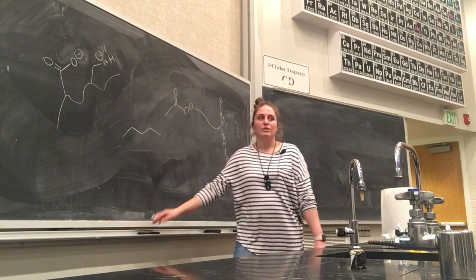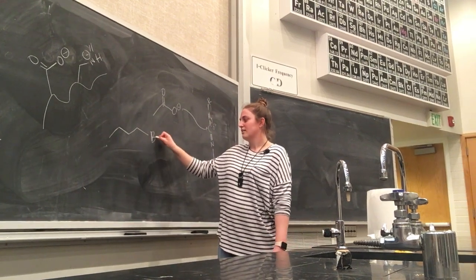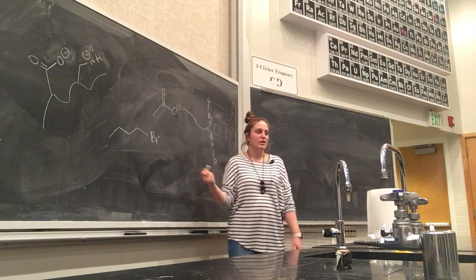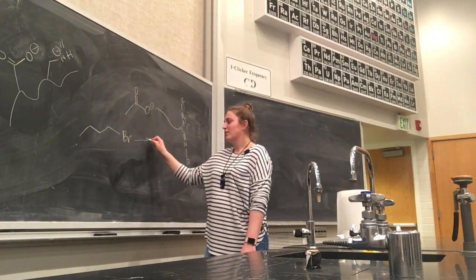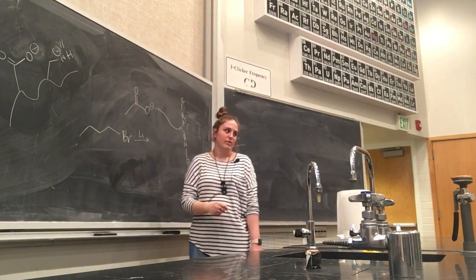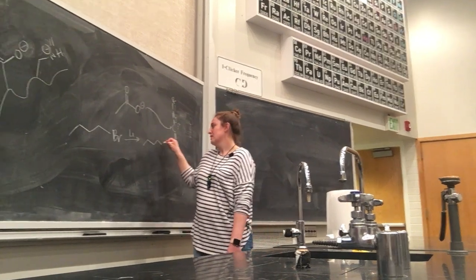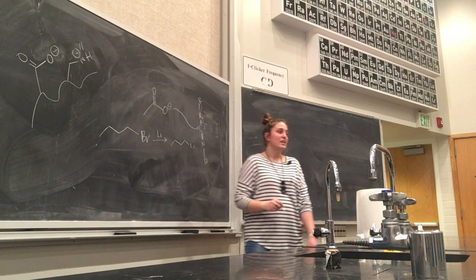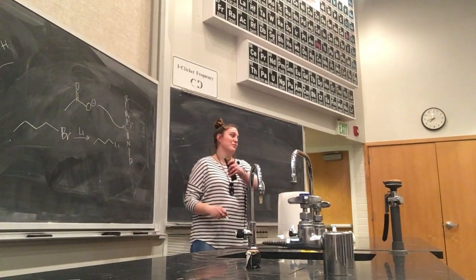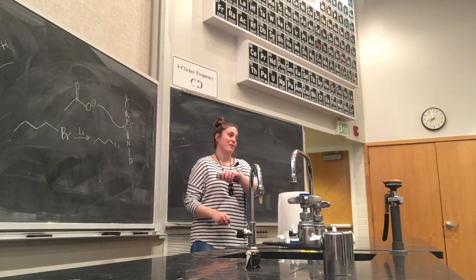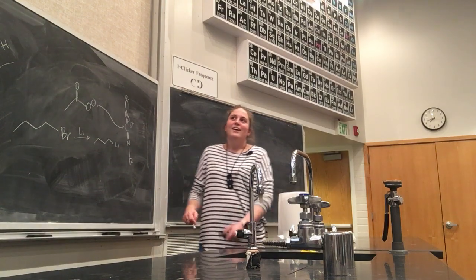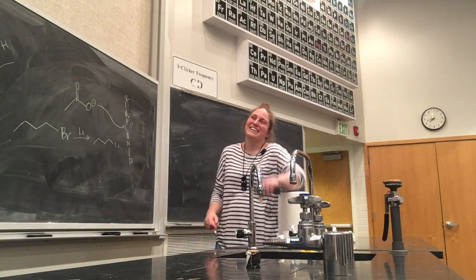Basically, to make an organolithium, you just take an alkyl halide and you react it with lithium, and it just switches out your halide. That's the easiest one. Thank your lucky stars that you did not have to learn how to make these, because majors have to know how to make these. I am jealous of you.